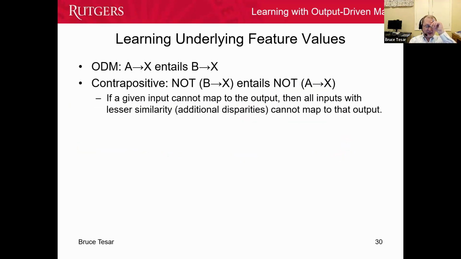So the key to figuring out how to set the features is that if you can figure out that no underlying form with a feature set one way could possibly give you the output you want, then that feature must have the other value. And for this, we're going to take output-driven maps and take the idea and run it in its logically equivalent contrapositive form.